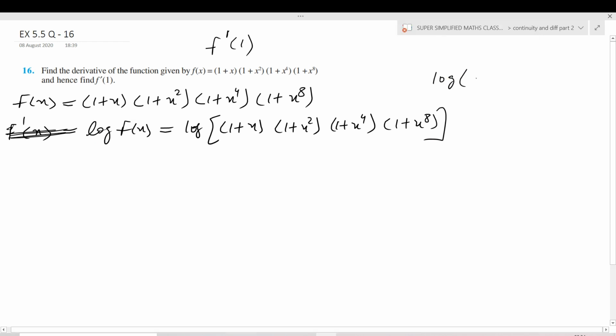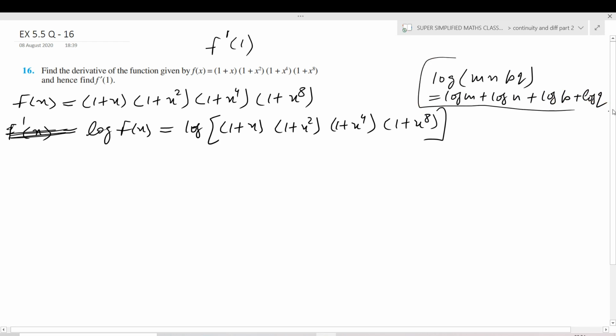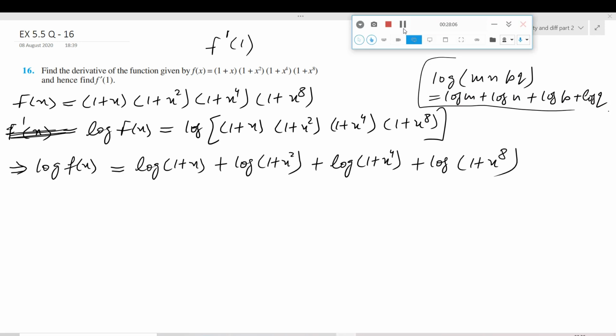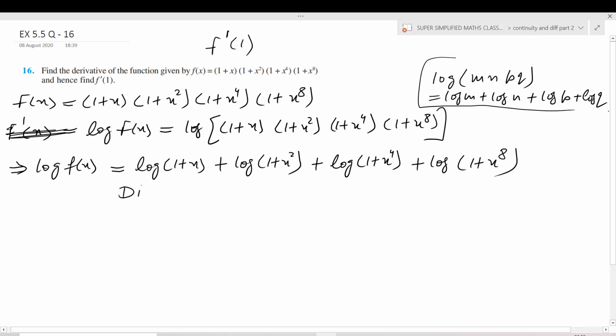I am going to use this property: log of m, n, p, q, you can have any number of numbers, will be equal to log of m plus log of n plus log of p plus log of q. So you can expand this property for any number of numbers. So now we have applied the property of log, and then we differentiate both sides with respect to x.